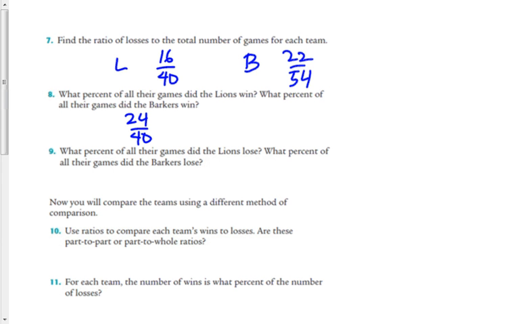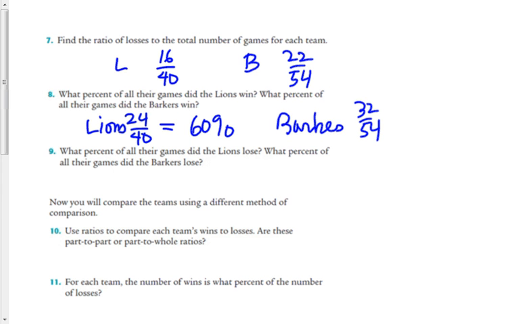If we change that to a percent, we're just going to do 24 divided by 40, which is 0.6, times 100 is 60%. And if you do that with the Barkers, they won 32 out of 54 games played, and that equals, if we round it to the nearest percent, about 59%.